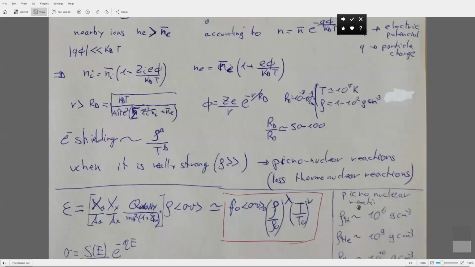Okay, I remember that I did some change.